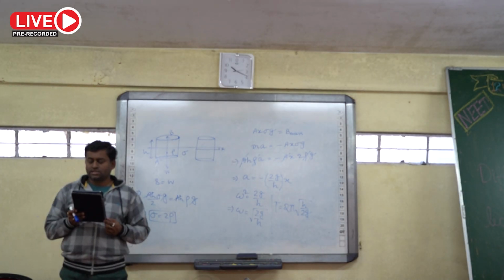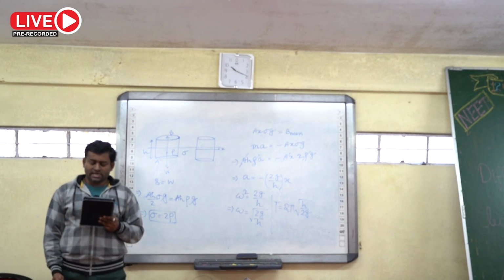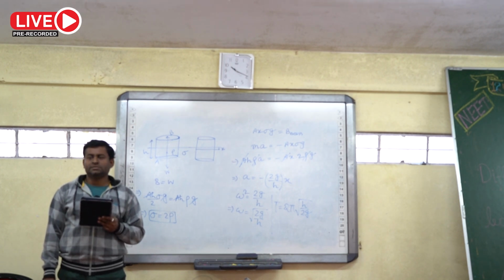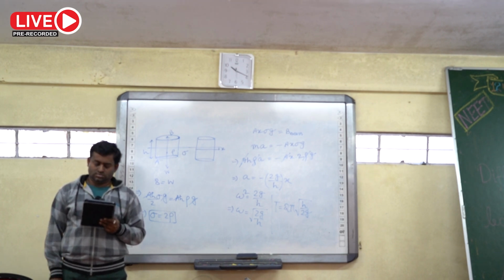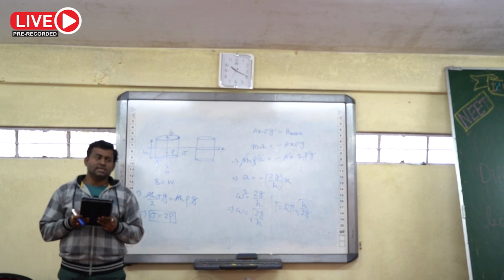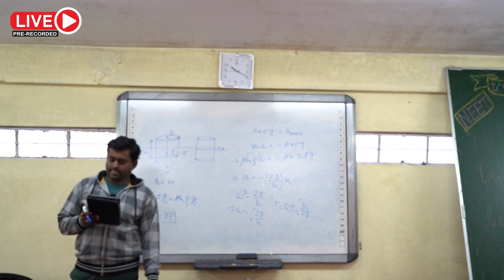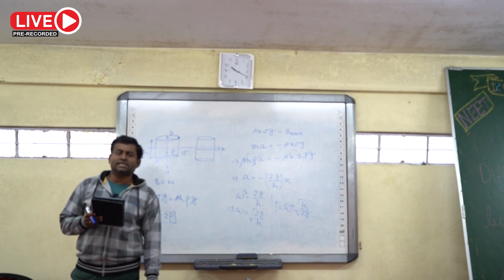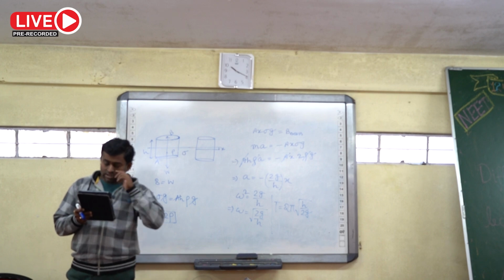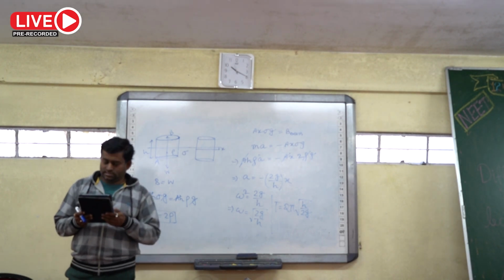The potential energy of a spring when stretched by 2 centimeter is U. If the spring is stretched by 8 centimeter, what will be its potential energy?